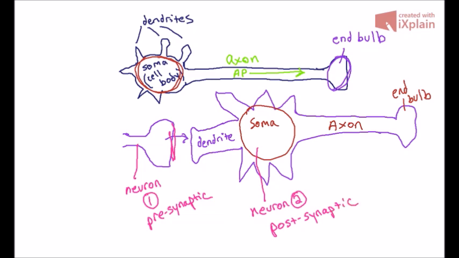And as you can see up here, this end bulb ends off right before the dendrite of another neuron begins. And then there's a gap there, the synaptic cleft. So keep that image in the back of your mind as we discuss the neuron transmission across the synapse, so you can see the context in which this is happening.